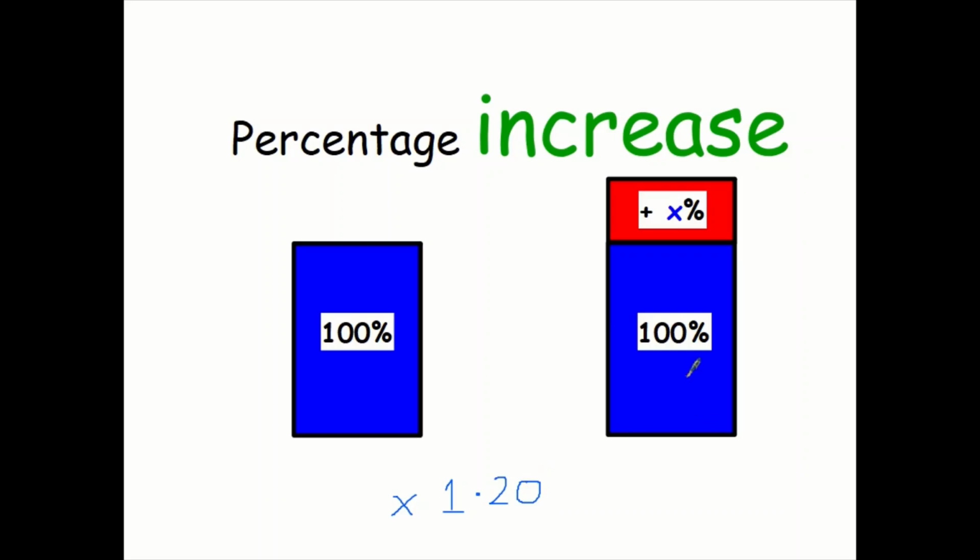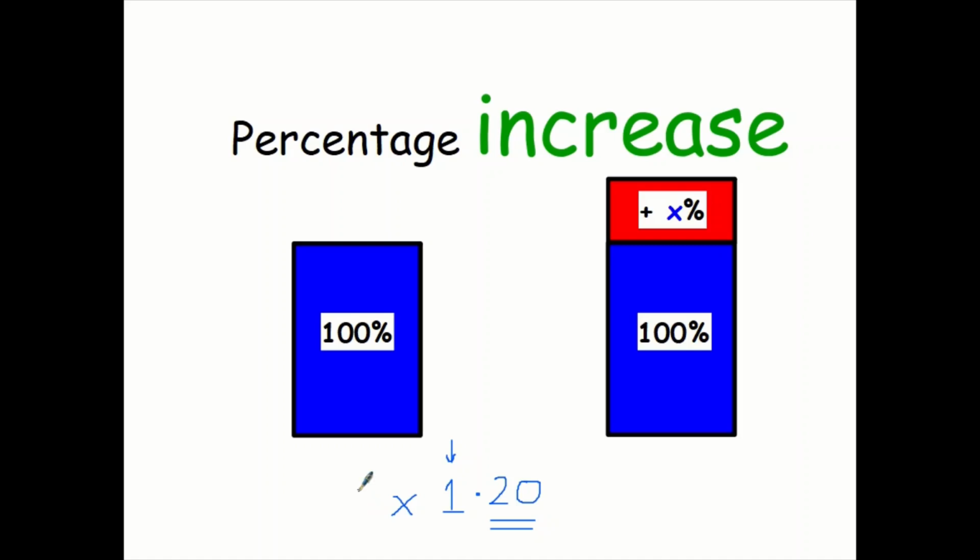Because, as you can see in your diagram here, you want the original amount, and that's what that 1 is. That 1 is your original amount, and you want the 20% too. So that is what you would multiply your amount by.